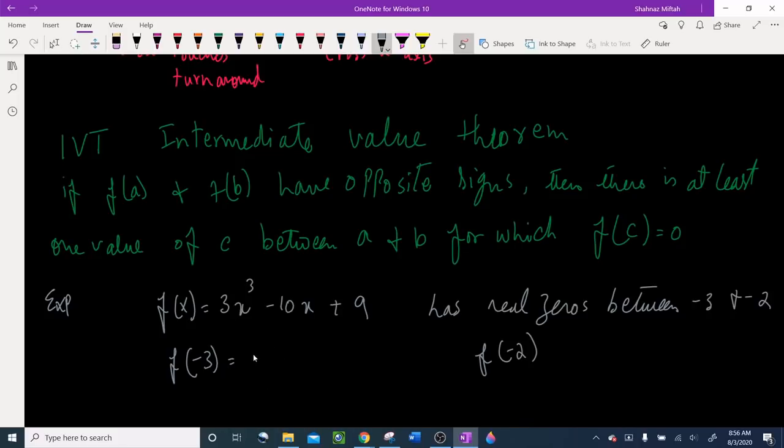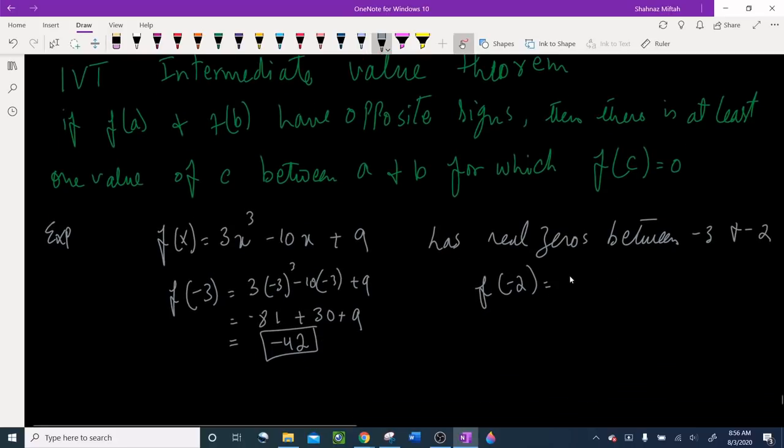So let's try. I'm going to plug in -3 first. 3 times -3 cubed minus 10 times -3 plus 9 gives me -81 plus 30 plus 9, which ends up -42.